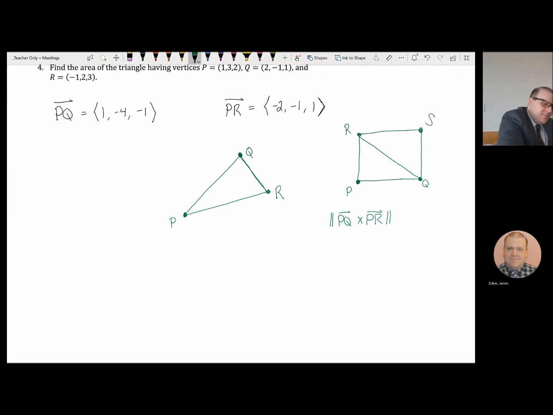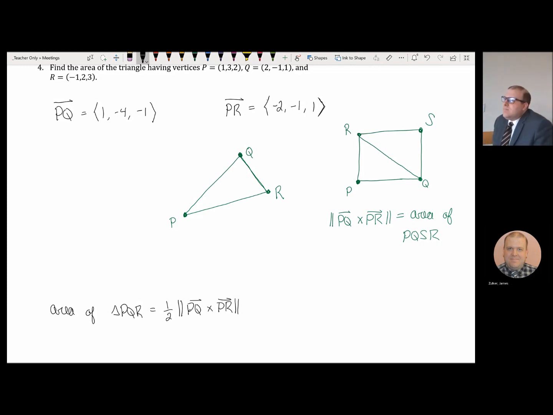That value is the area of our parallelogram, so the area of the triangle would be half that area.